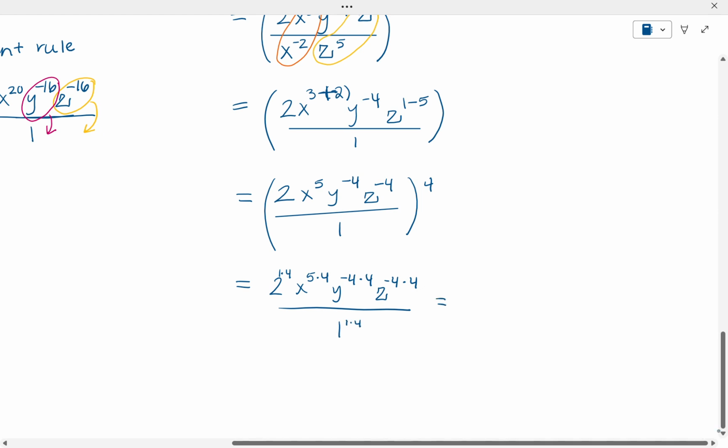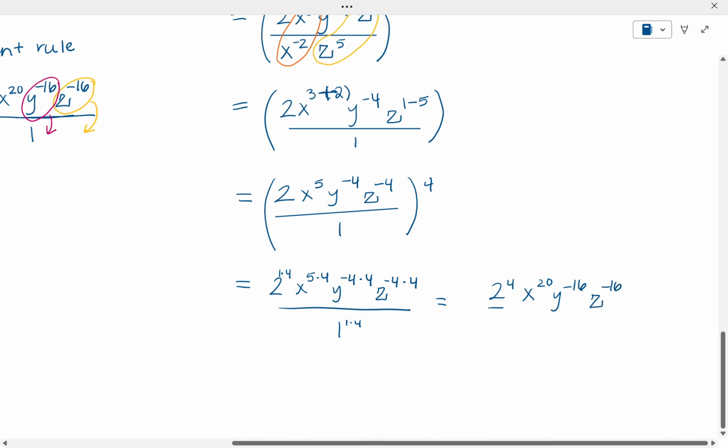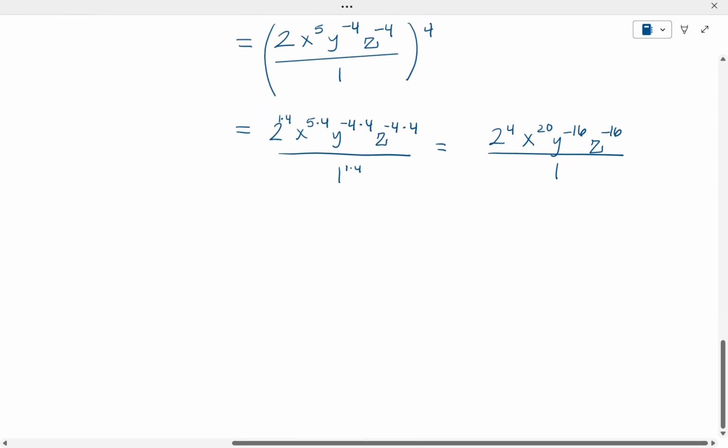And this is equal to 2 to the 4th power, x to the 20th power, y to the negative 16th power, and z to the negative 16th power over 1 to the 4th power, which is just equal to 1. 1 times 1 times 1 times 1 is 1.